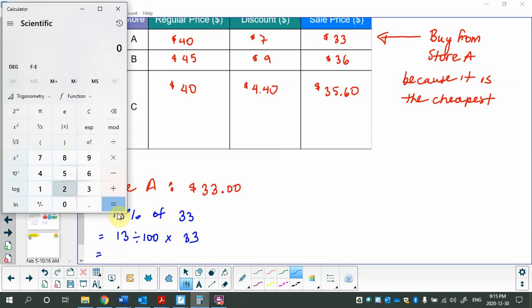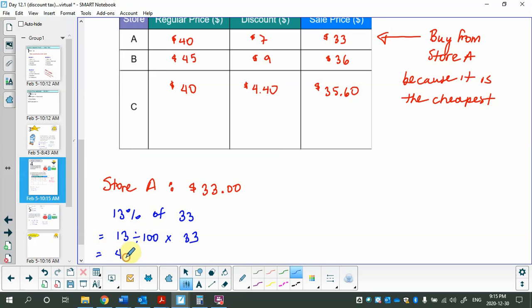Let's see what happens. Oh, I was going to say if this sprawls across the calculator, we need 2 decimals, but it's a nice 2 decimals. So $4.29.